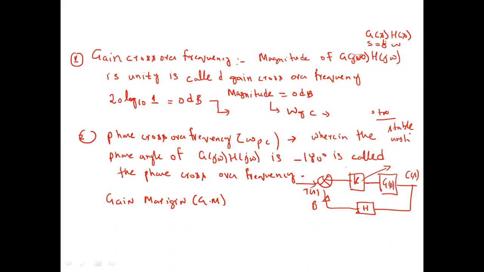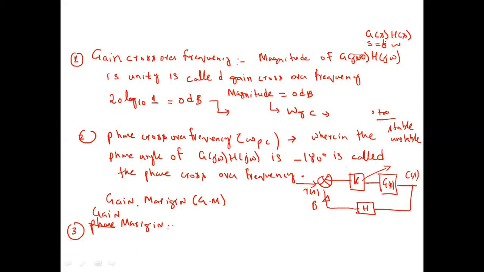Here also, we have a term in the frequency domain analysis, called the margin. Here, first the gain margin, then we'll discuss the phase margin. As seen in the root locus, we saw the variation of the gain, as I've already discussed beforehand.